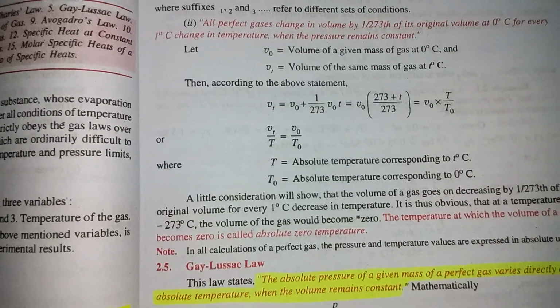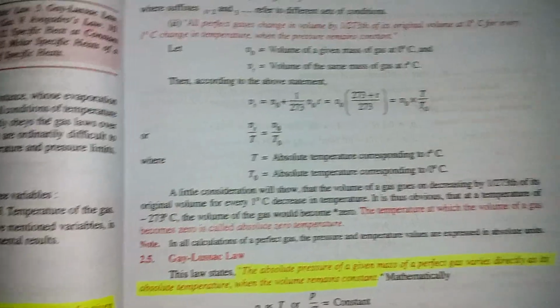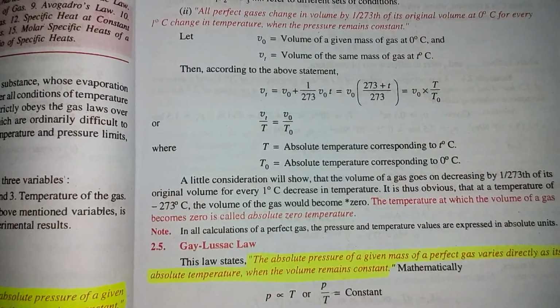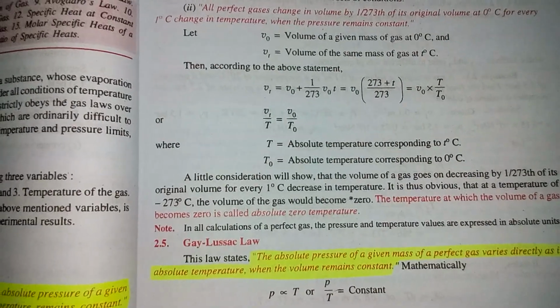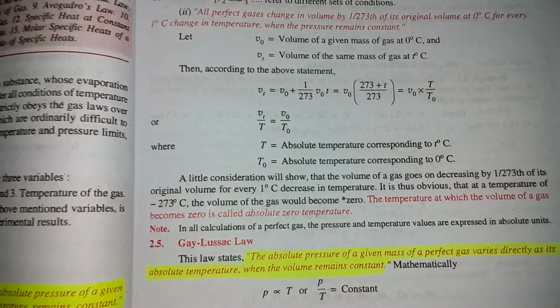Okay, and a little consideration will show that the volume of a gas goes on decreasing by 1 divided by 273 of its original volume for every 1 degree Celsius decrease in temperature.